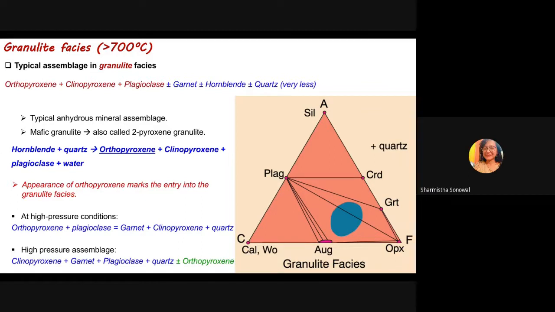So in the greenschist facies, there will be... No, we are talking about amphibole.